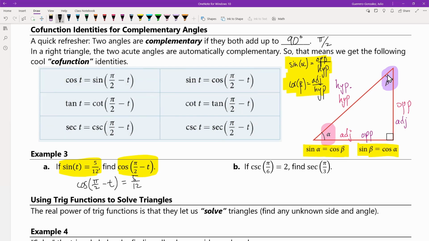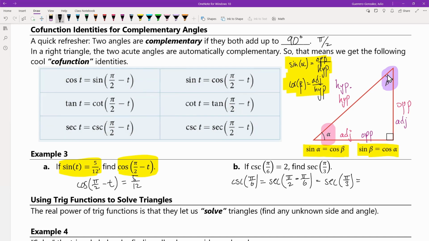Next step, for this one, if we have cosecant of pi over 6, that is equivalent to the secant of pi over 2 minus pi over 6. That is secant of pi over 3.